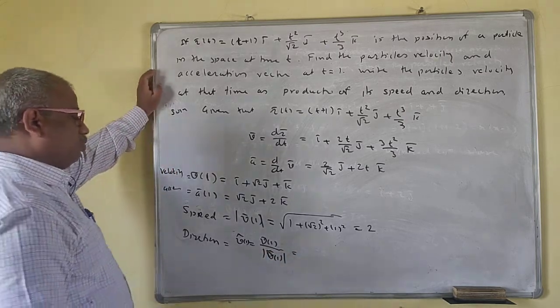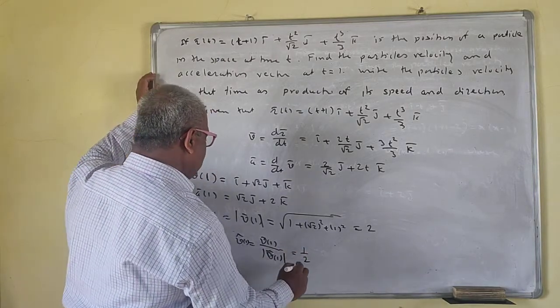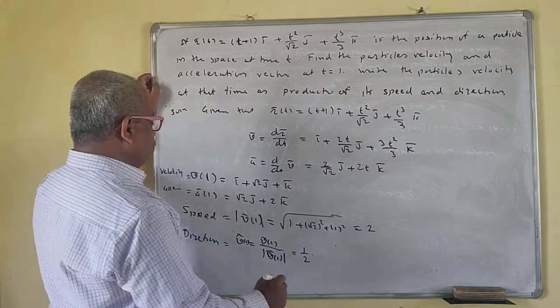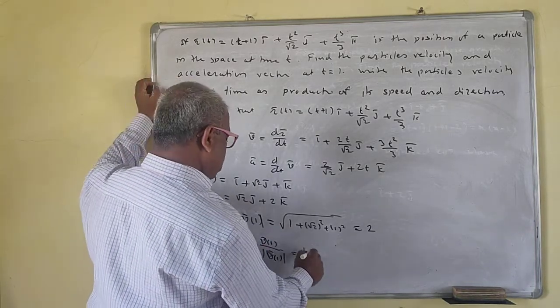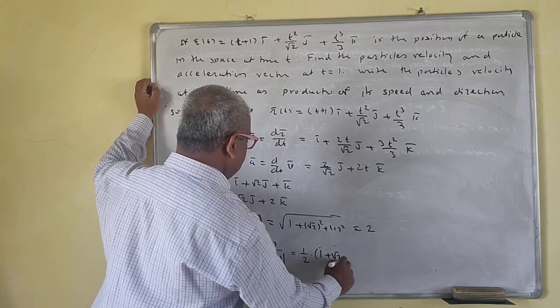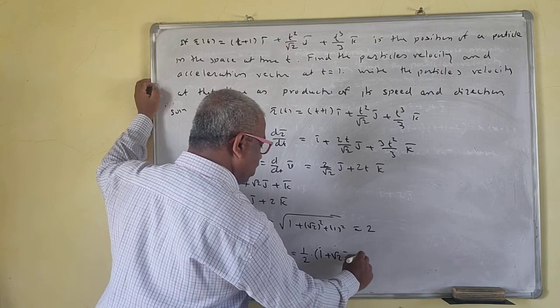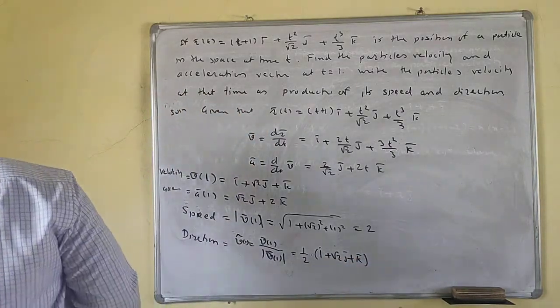So what is your v bar? The mod of v bar is 2, so this is 1 by 2 into v bar. V bar is 1 i bar plus root 2 j bar plus k bar.